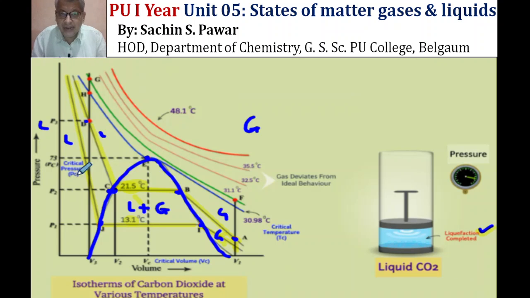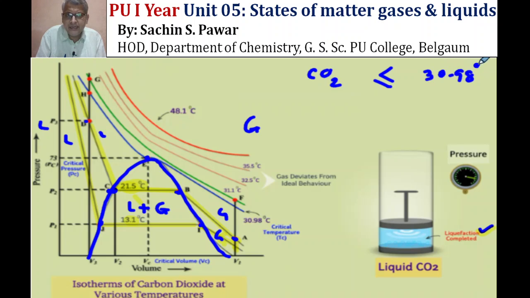So this Andrews curve has given us an idea that carbon dioxide is liquefiable below or equal to 30.98 degrees Celsius, and that too when the pressure is greater than or equal to 73 atmosphere.